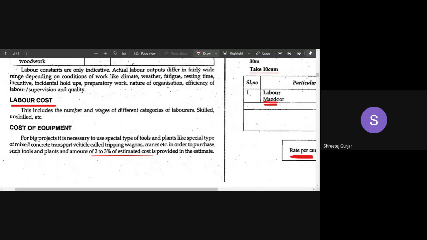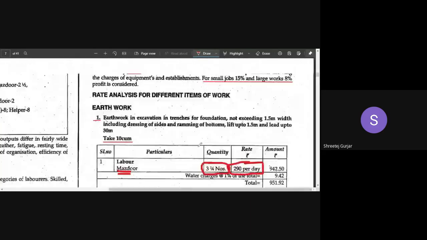Next, moving on, cost of equipment. What is the percentage of cost that you have to keep aside for equipment? Usually 2 to 3% of the estimated cost is provided in the estimate for equipment.